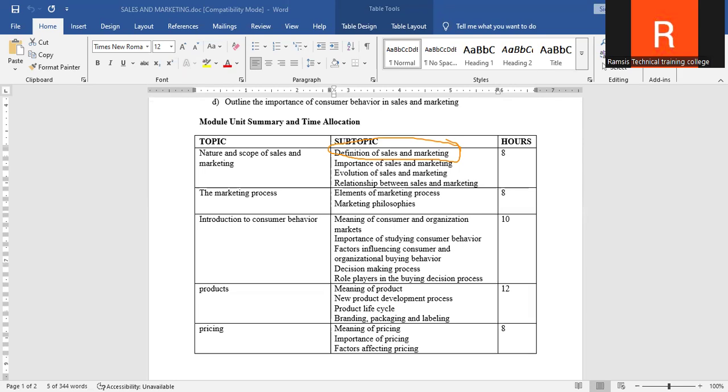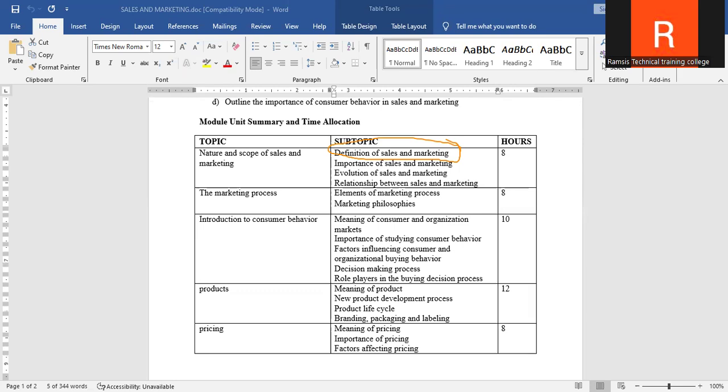Marketing basically refers to the process of identifying customer needs and wants, and being able to create value through products or services and promoting them to satisfy those needs profitably. That includes research, branding, pricing, distribution, promotion, and also customer service.